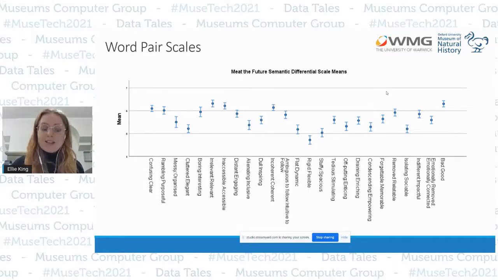What's really interesting about this method is that even though you get visitor positive bias in filling out surveys, so all of these means are above the middle point of 4, you can still see those various differences and still get that nuance. So even with that positive bias from visitors, you are getting quite an accurate, nuanced and detailed representation.